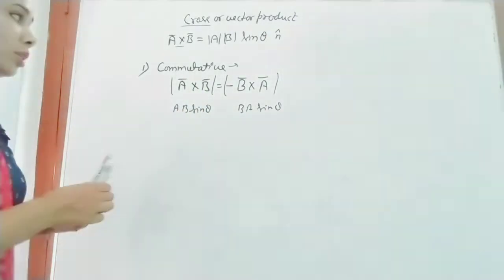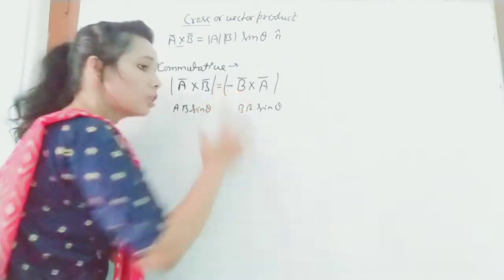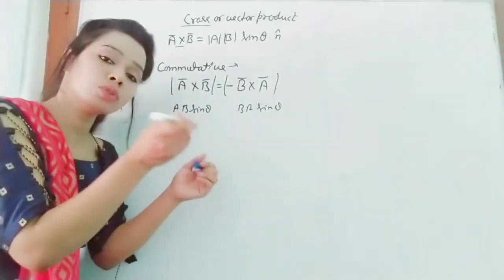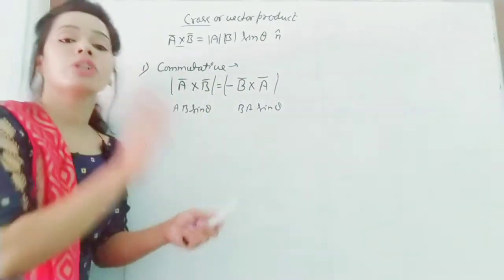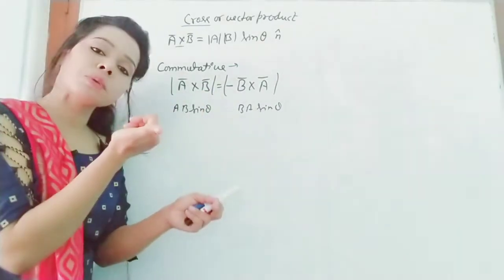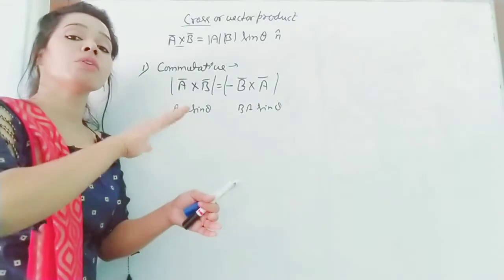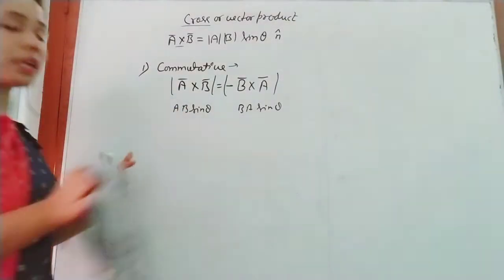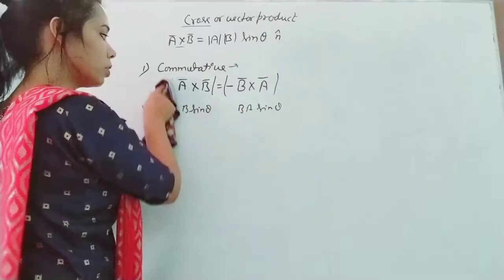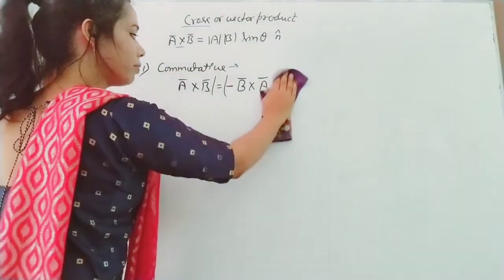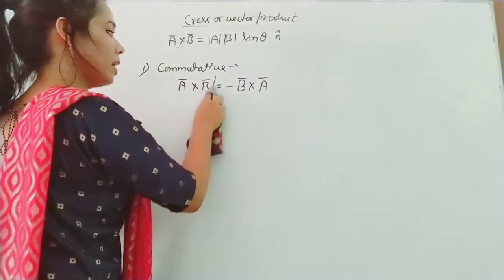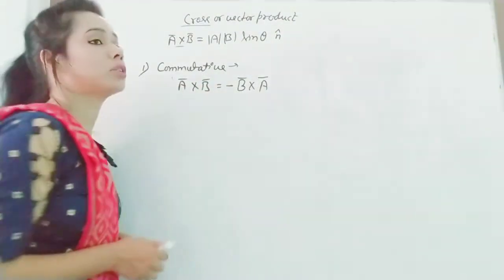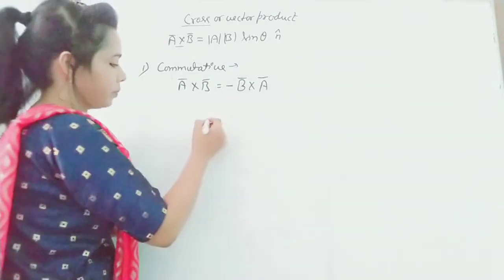That's why I told you this negative sign indicates that the new vector you will find will have a different direction, opposite to the direction of A cross B. Whatever you get by A cross B, you will find the opposite direction by B cross A. That I will explain. Magnitude is the same, only the direction is different. That's why I have written minus. The minus sign indicates that the direction is different. So A cross B equals minus B cross A. How? That I will explain.